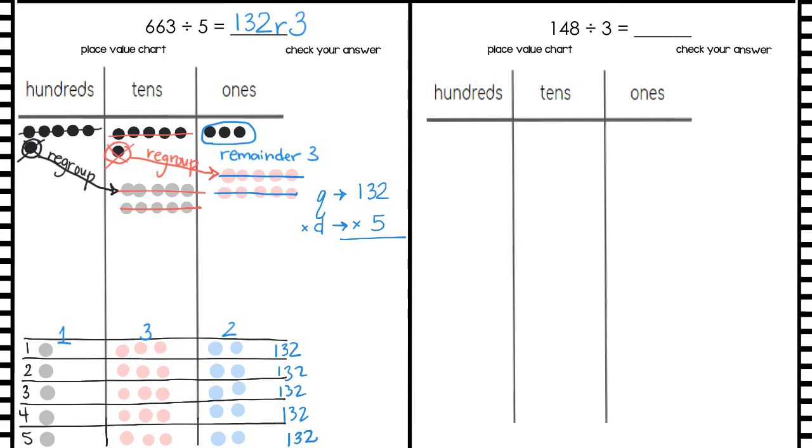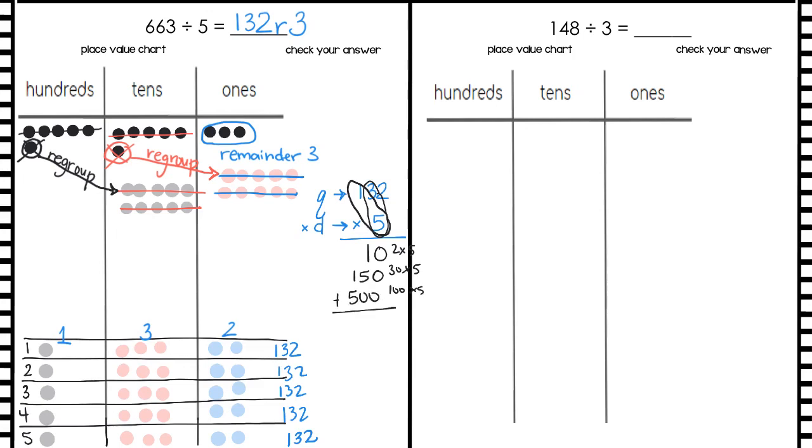Well, if I do partial products, I know 2 times 5 is 10. And then I multiply my 30 times 5, which is 150. And then I multiply 100 times 5, which is 500.